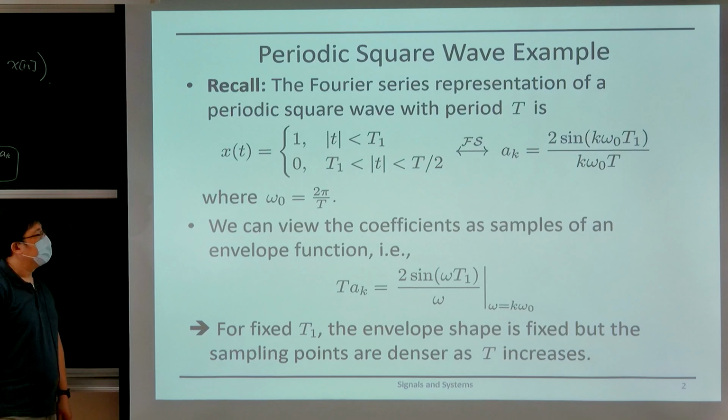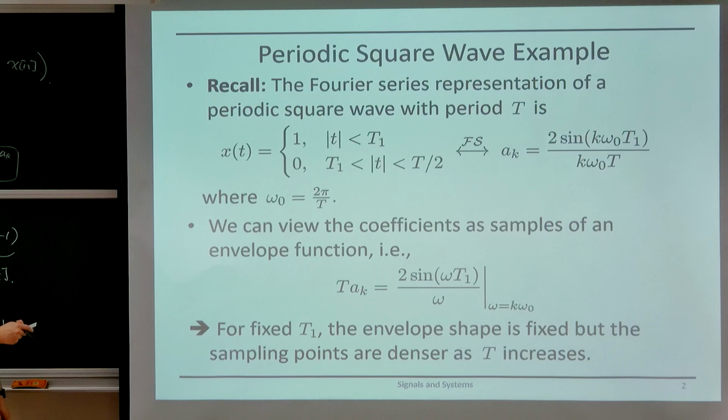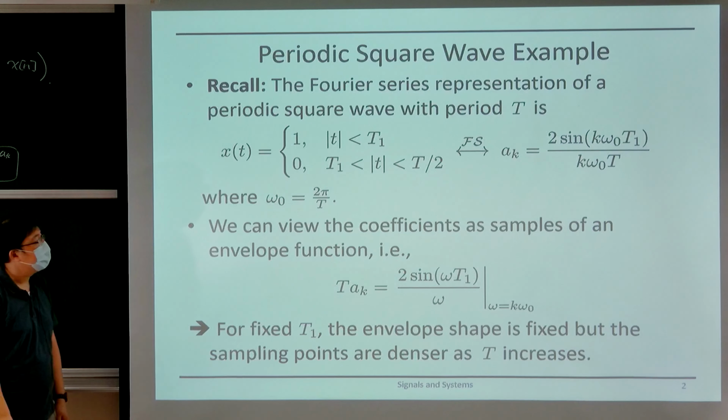Since this square wave has period capital T, omega naught is 2 pi over capital T, and the corresponding Fourier series coefficient ak is 2 sine k omega naught t1 over k omega naught capital T.